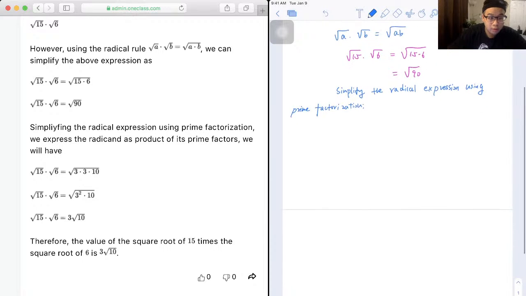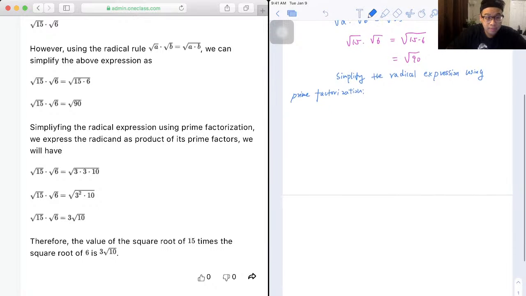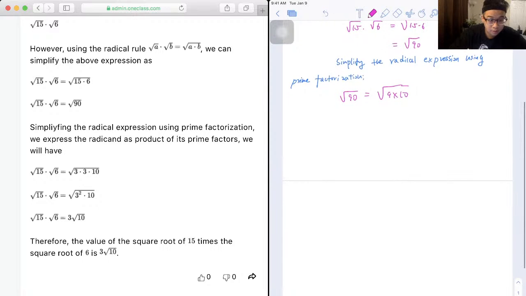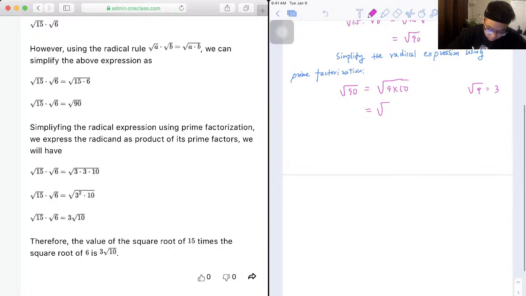So we just need to express the radical as a product of its prime factors. So 90 is also equal to 9 times 10. And since we know root 9 is equal to 3, we can have 3 squared times 10, and then we square root that, so we can take a 3 out. So we got 3 root 10 left.